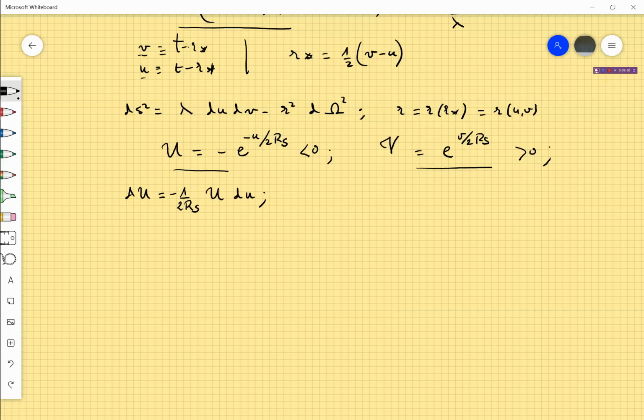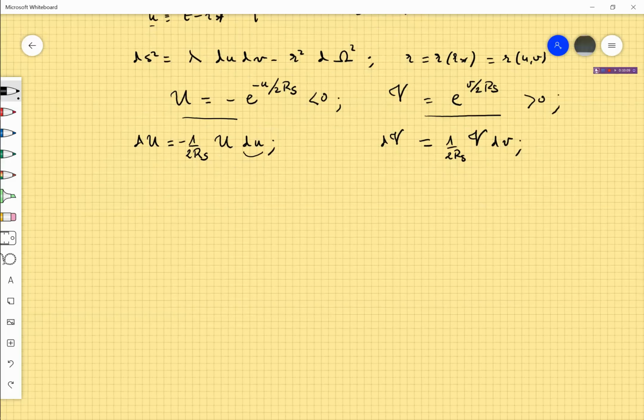Okay, and then it will be easier to replace the u as a function of capital U. And you do the same with V, so you get 1 over 2rs V dV. du dv, in terms of capital U and capital V, then is nothing but minus 1 over 4rs squared U V dU dV.